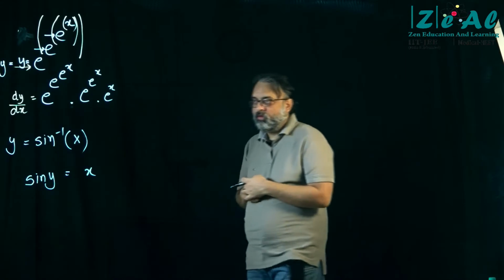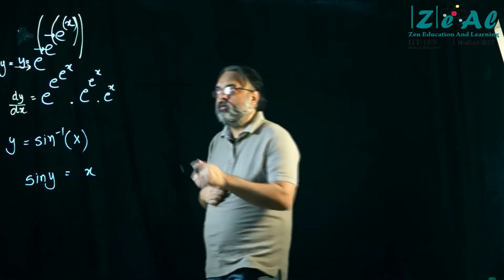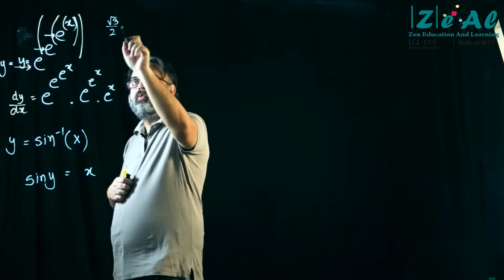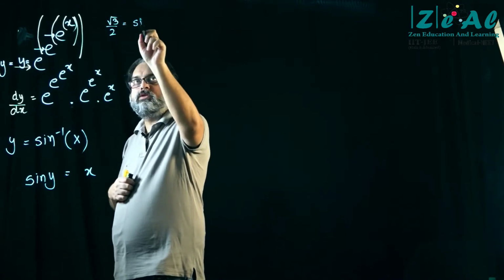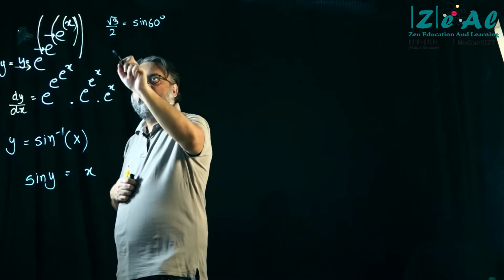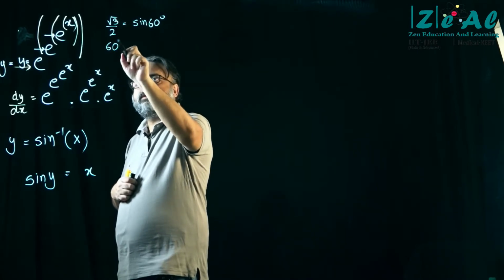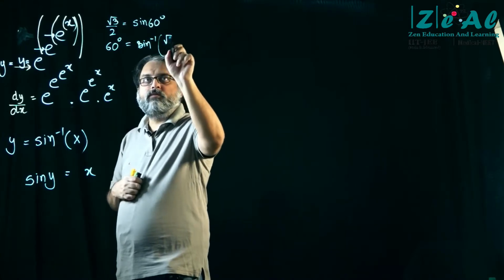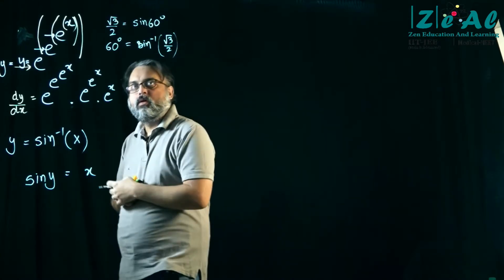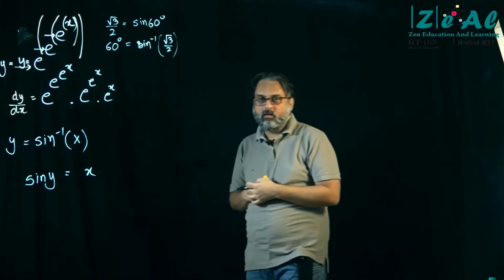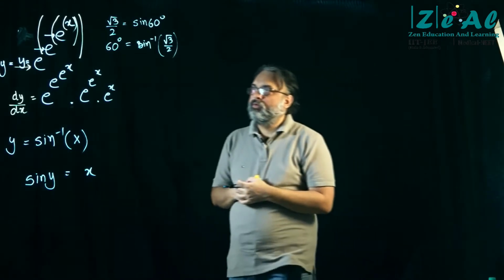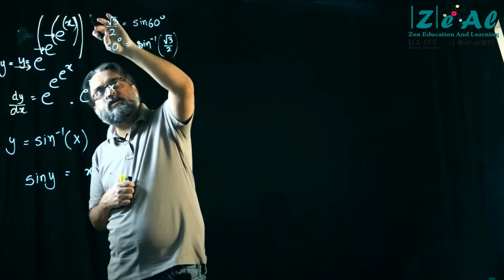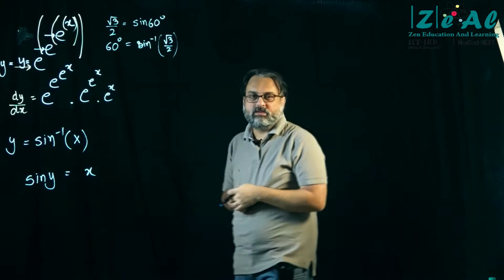Okay? This is just like saying that root 3 by 2 is equal to sine 60, right? Therefore 60 is equal to sine inverse of root 3 by 2. So sine of 60 is root 3 by 2 and sine inverse of root 3 by 2 is 60.